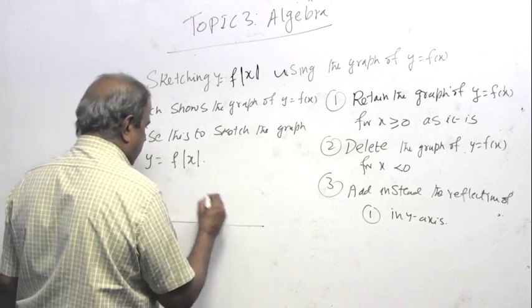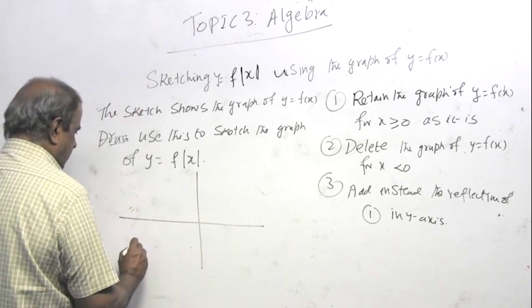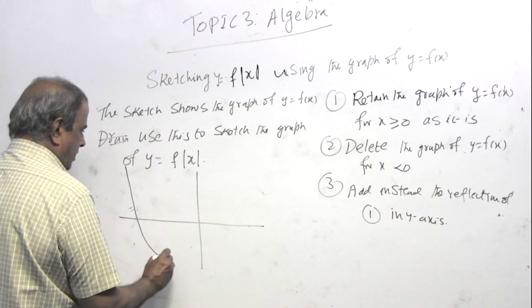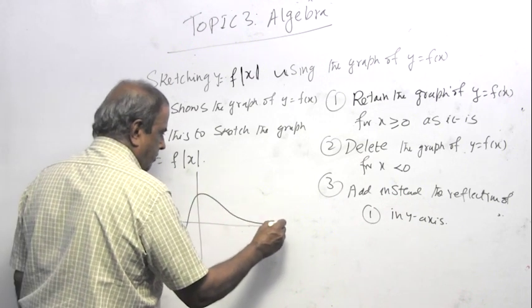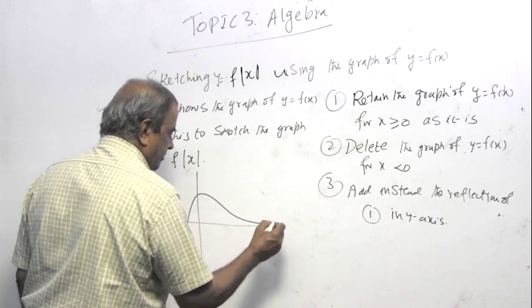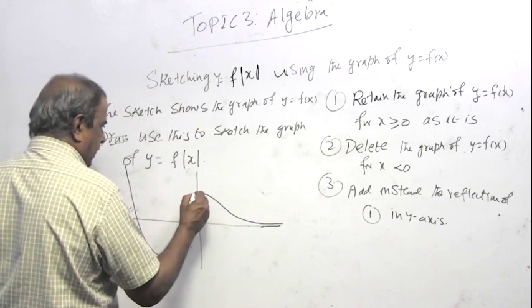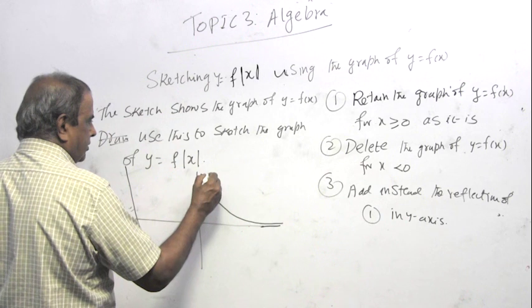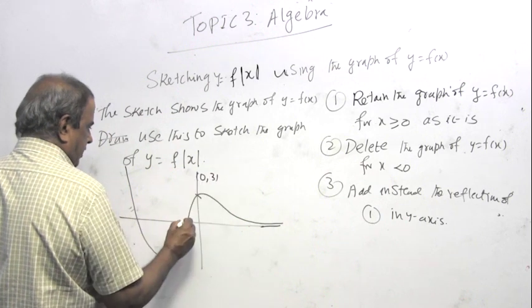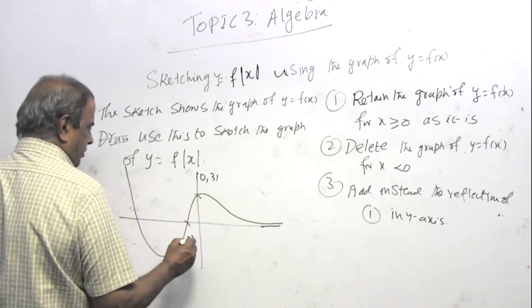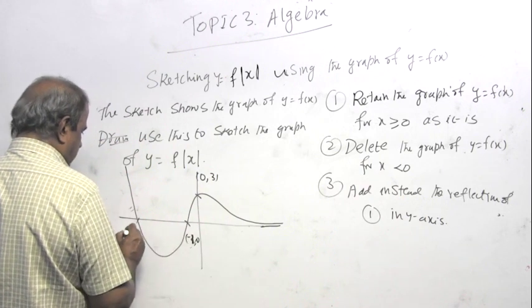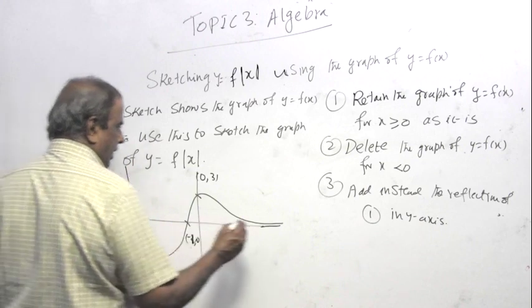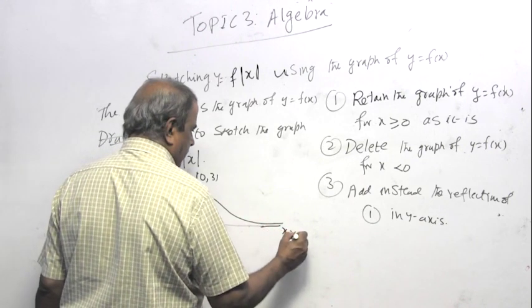So you've been given this graph. Let's say something like that. So this point is 0, 3. This point is minus 2, minus 1, 0. This point is minus 8, 0. And this is the line x equal to 0.